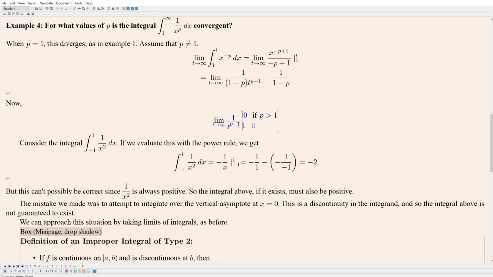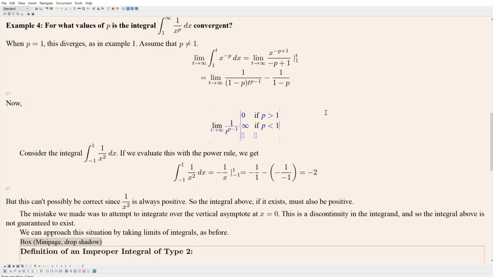Okay, alternately, if this is negative, then this is actually a reciprocal, which means that it's going to explode to infinity. So that's going to be the opposite situation. And then if p is equal to 1, then we have t to the power 0, so then this whole thing just becomes the constant function at 1.